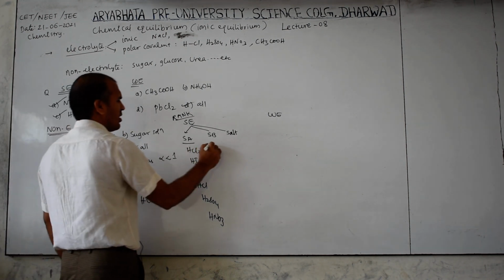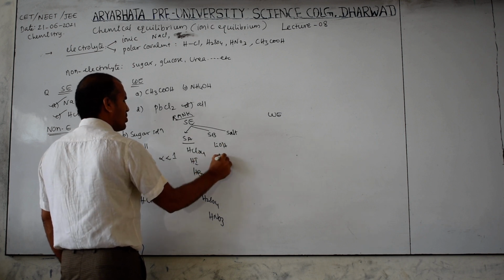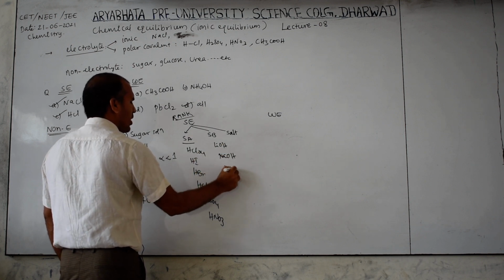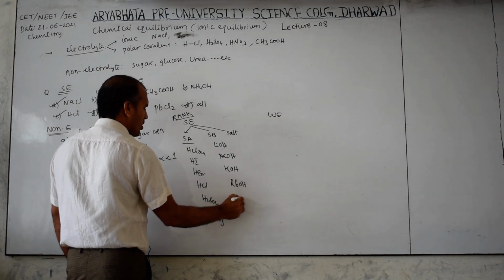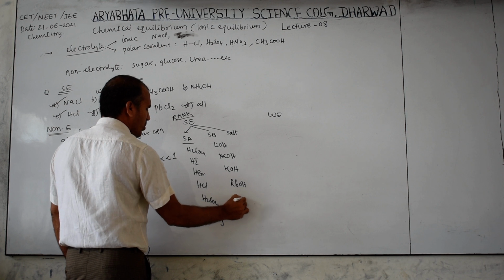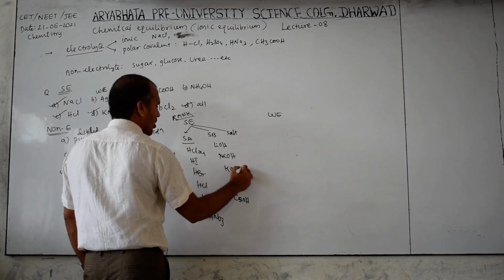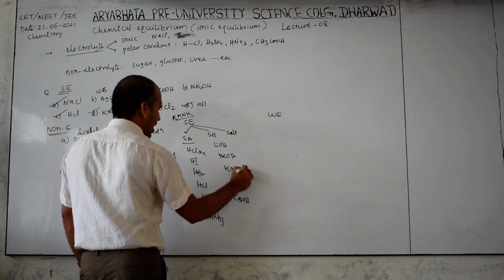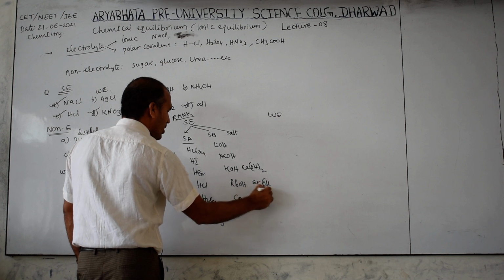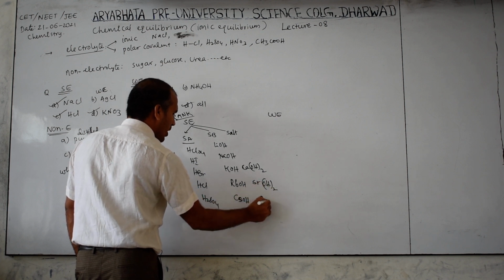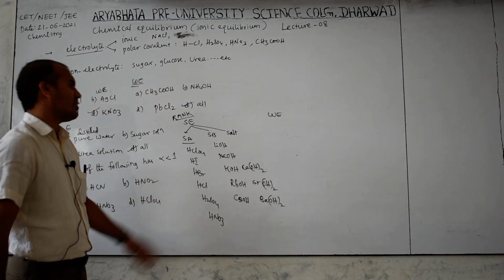Strong bases: lithium hydroxide, sodium hydroxide, potassium hydroxide, rubidium hydroxide, cesium hydroxide, which are first group elements. Then from the second group, calcium hydroxide onwards: calcium hydroxide, strontium hydroxide, and barium hydroxide.